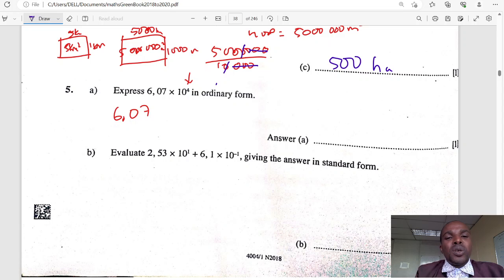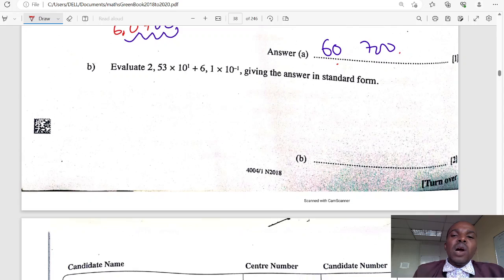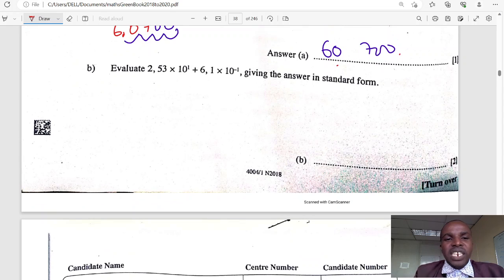This comma is supposed to jump 4 digits. It's 1, 2, 3, 4. So you put 0 and you put 0 like this. So it will be 60,700. So that's the number in ordinary form. You are coming from standard form to ordinary form. Even if you want to go back, it's 1, 2, 3, 4. You count towards the left side.